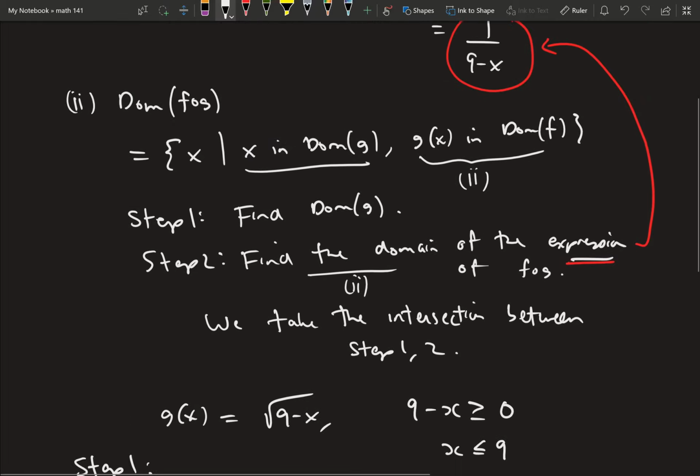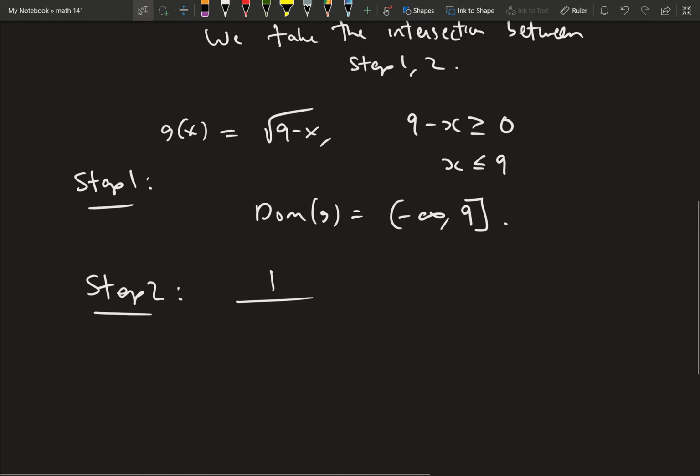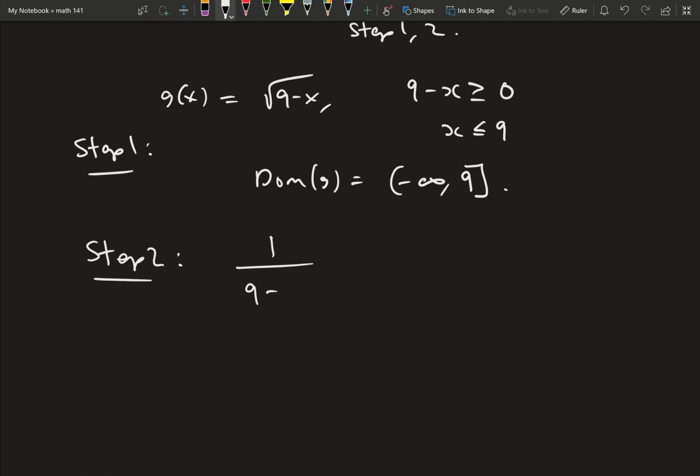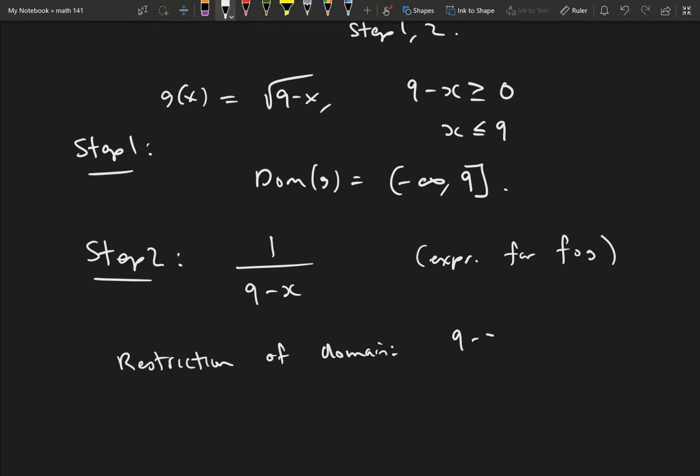What was the expression? It was 1 over 9 minus x. So this is the expression that we got for f composed with g. Now, what are the restrictions here? So the restriction for domain here, well, 9 minus x can't be 0. You can't divide by 0. So x can't be 9.